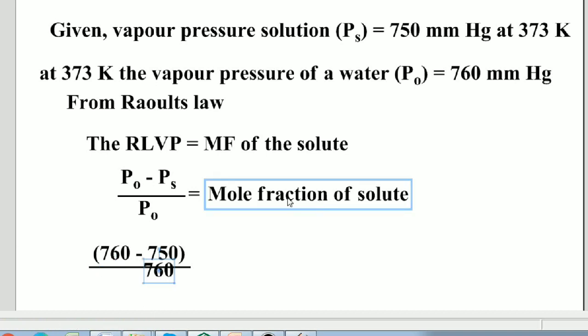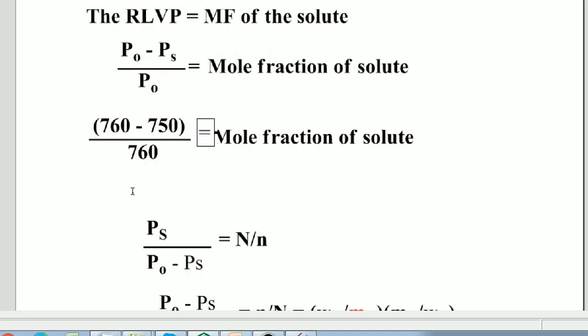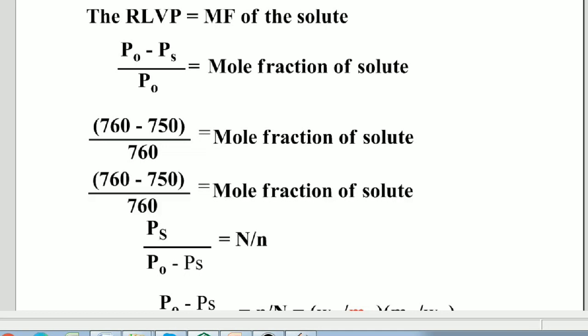Therefore students, the mole fraction of the solute is equal to 10 by 760, because 760 minus 750 is 10. So the mole fraction of the solute in the given problem is 10 divided by 760.